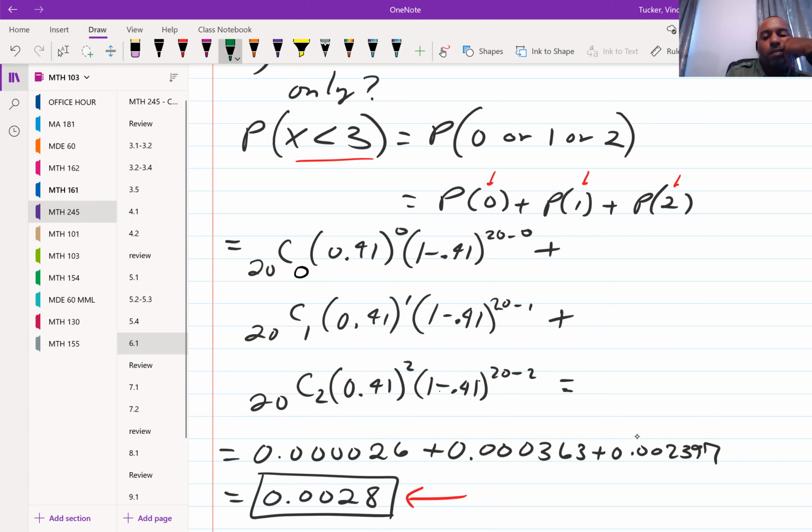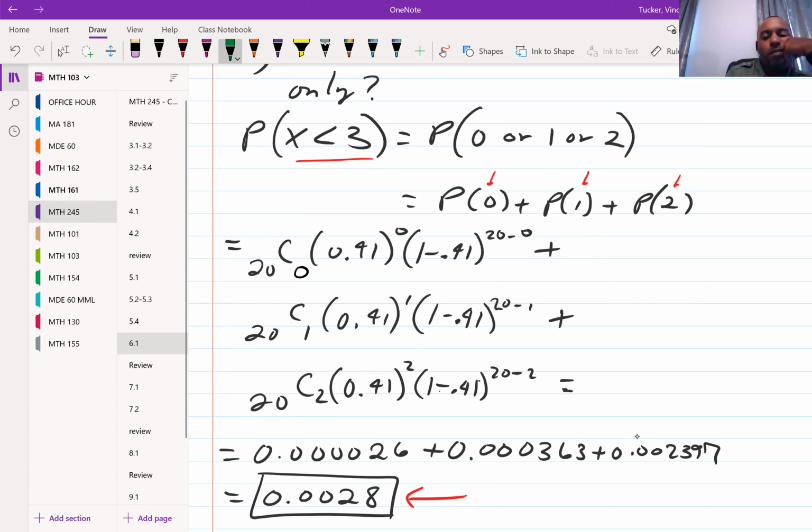All right. So the next one, at least 3 are wireless only. If you're saying at least 3, that means 3 is the least of your options, and then greater than that. So that's why we have greater than or equal to. We say at least 3. So you're talking about, once again, probability of 3, probability of 4, probability of 5, all the way up to the probability of 20.